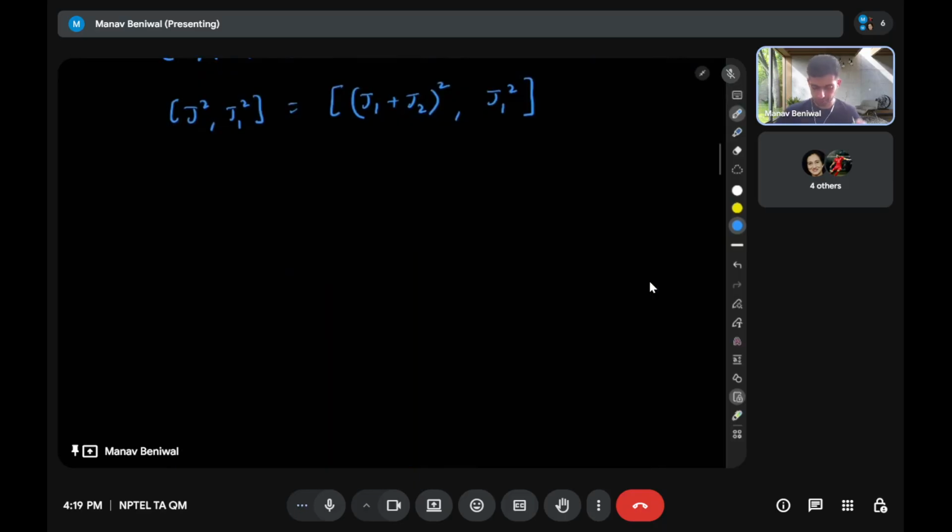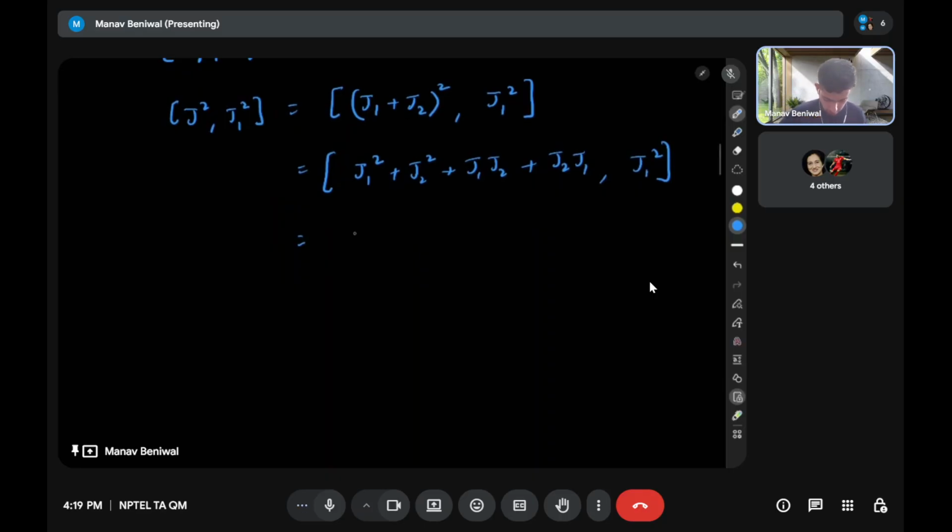So let's open this thing up. What will we have? We'll have j1 squared plus j2 squared plus j1 j2 plus j2 j1 and comma j1 squared, right? Firstly we will have this term j1 squared comma j1 squared.